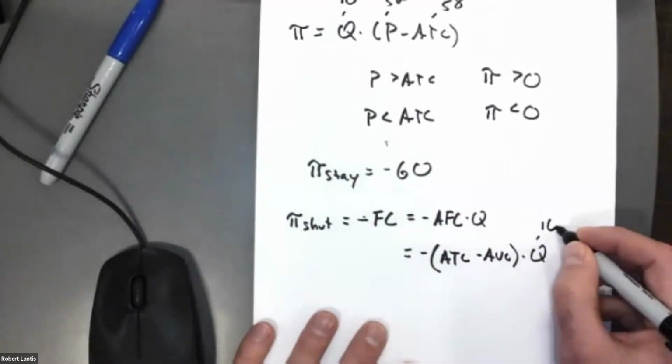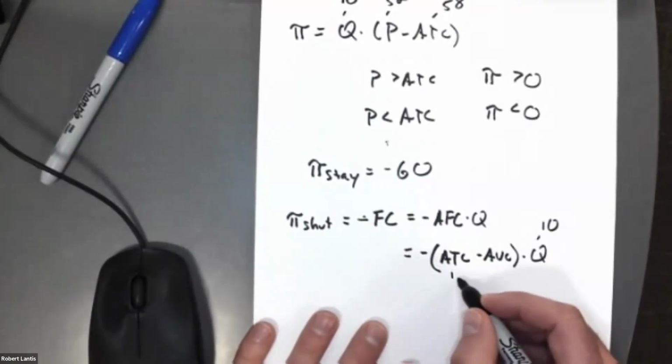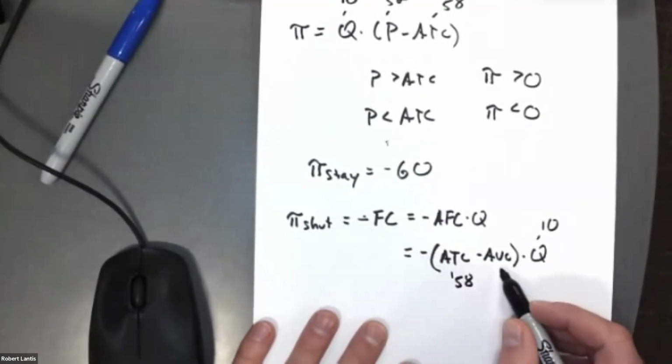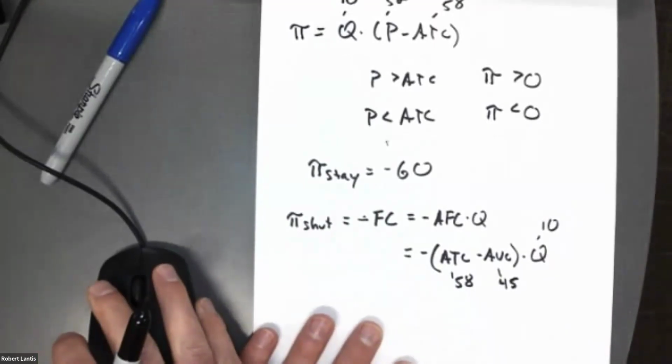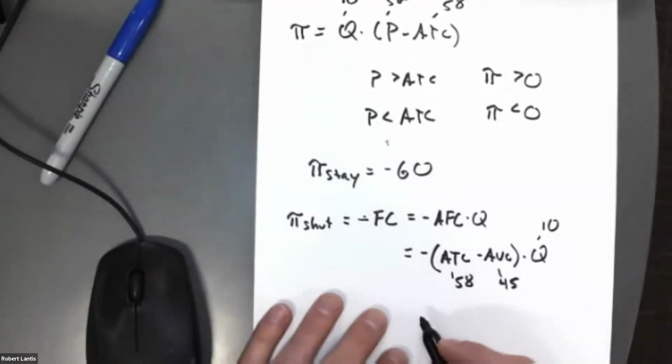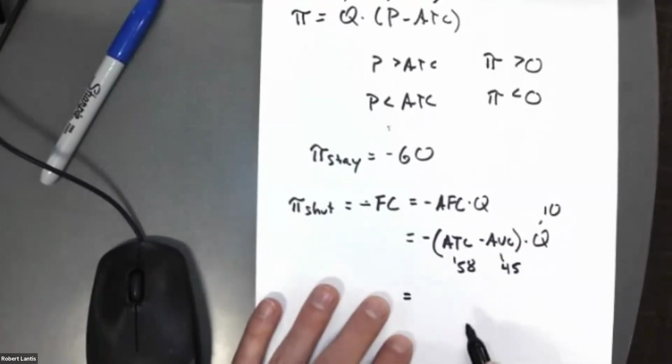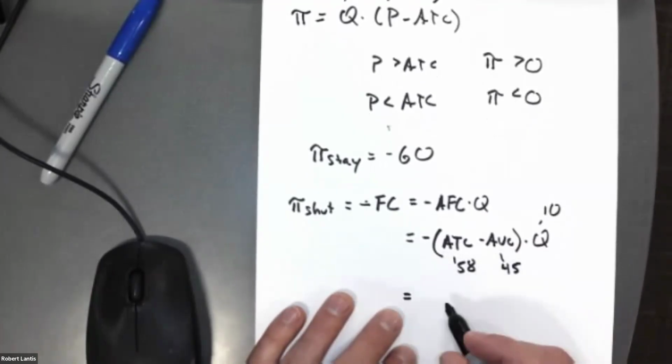So at that quantity of 10, my average total costs I was told are 58. My average variable cost, I think I was told was 45, if I'm remembering the numbers correctly. Yes. So here, if I shut down, my profits would actually be what? 13 times 10, so negative 130.